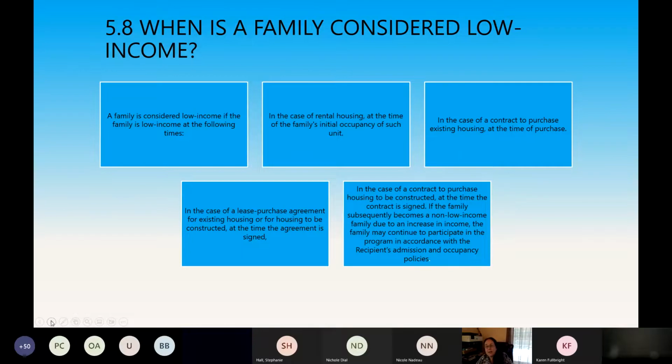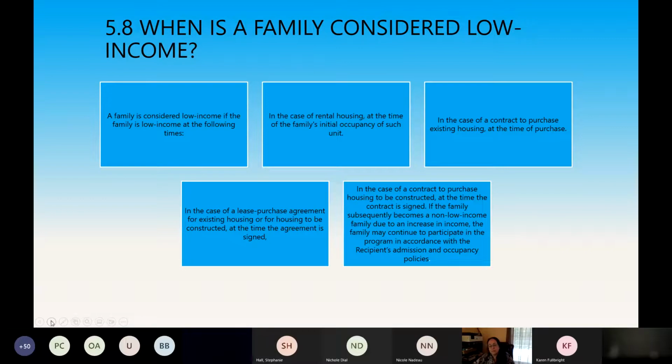In the case of a contract to purchase existing housing, it's at the time that you purchase that household. You have to be income eligible. In the case of a lease purchase agreement for existing housing or for housing to be constructed, it's the time the agreement is signed. In the case of a contract to purchase housing that's going to be constructed, at the time the contract is signed.